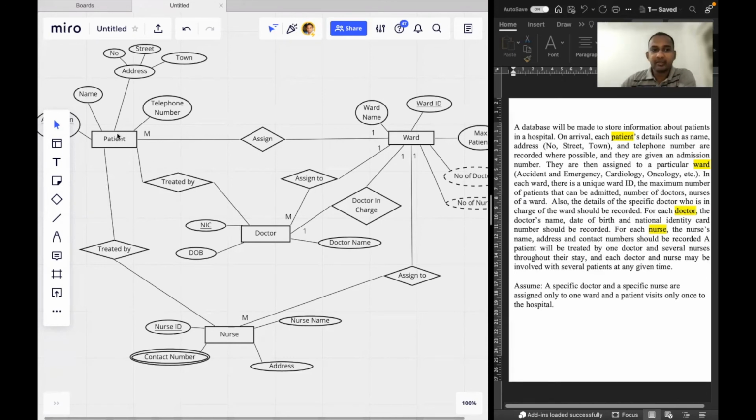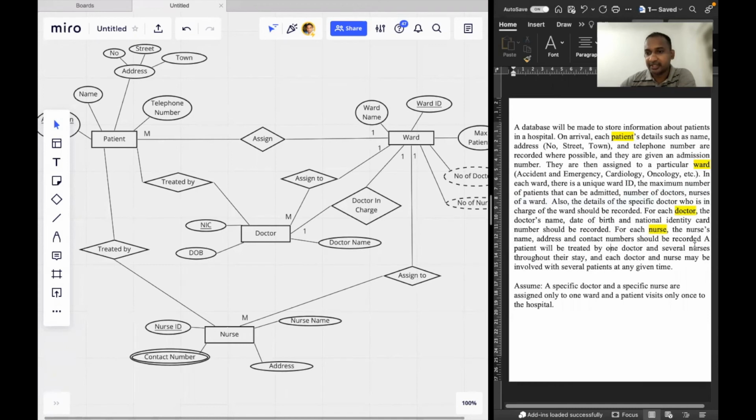Now put the cardinality to the doctor side. If you want to put the cardinality to the doctor side, you have to take the patient as 1. Take one patient. If you take one patient, is treated by how many doctors? Go to the scenario.